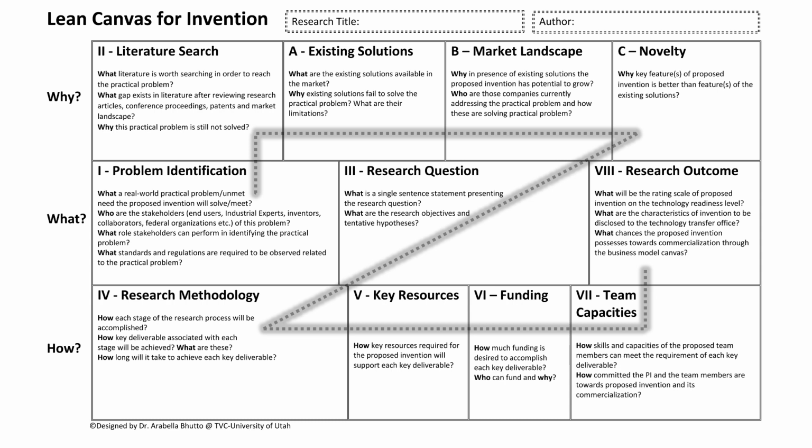I shared with you that LCI is divided into 11 components, and those 11 components start with the first component of problem identification. The idea for today's video is to talk about the problem identification component in more depth.